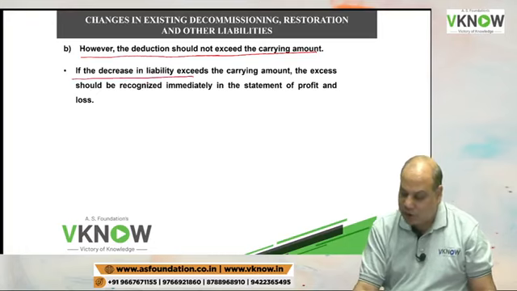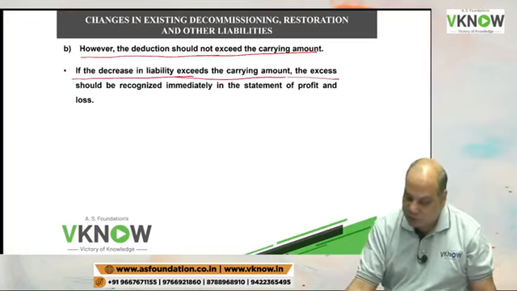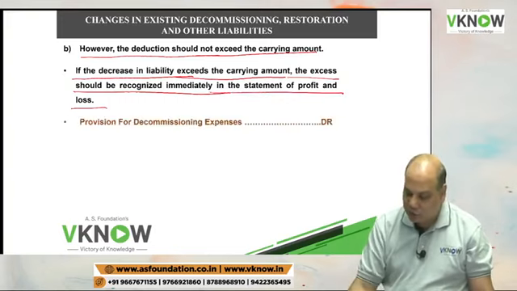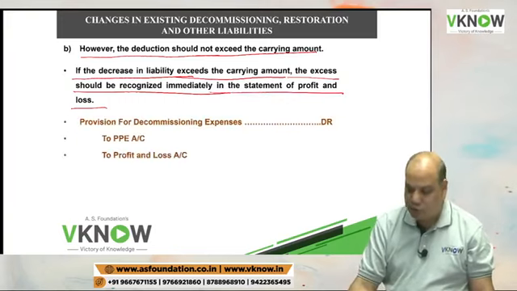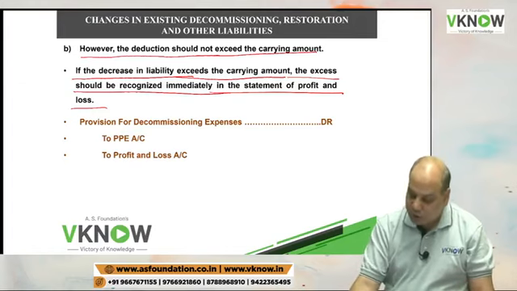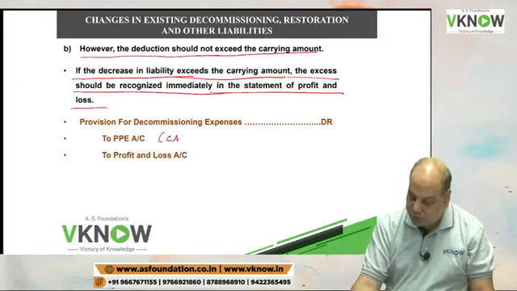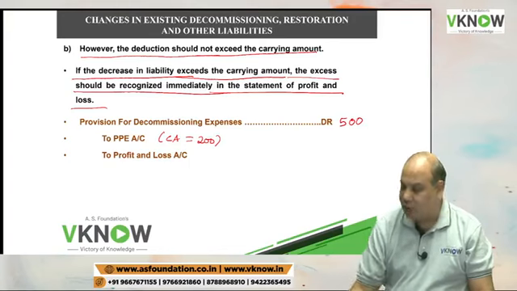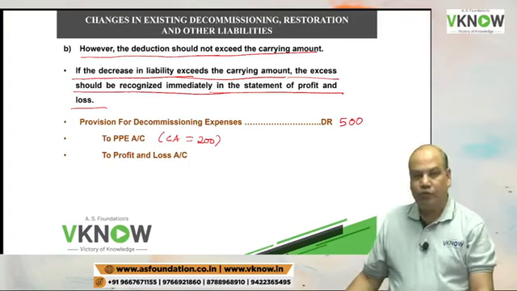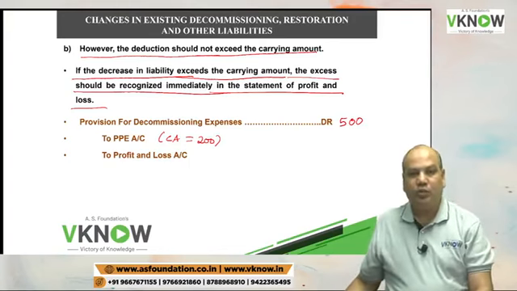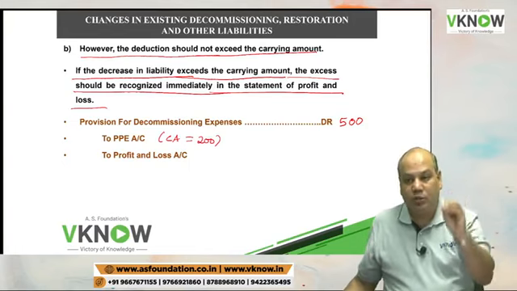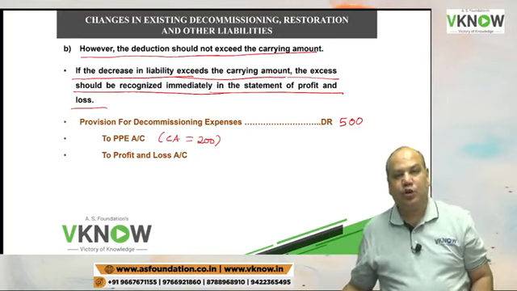If the decrease in liability exceeds the carrying amount, the excess should be recognized immediately in the profit and loss account. So suppose, listen to me, the carrying amount of the PPE is 200 rupees, but the decrease in the liability is 500 rupees. The decommissioning liability has reduced by 500 rupees, but the balance in the PPE account itself is 200 rupees.